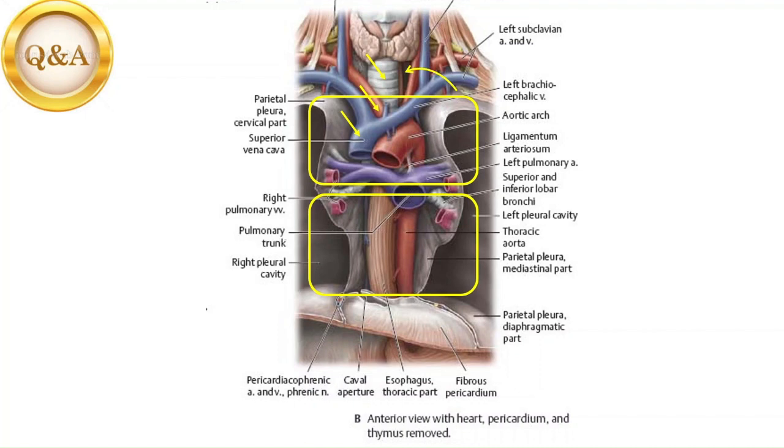Now when you go down, you can see that in the inferior mediastinum, when the heart is taken out, the posterior mediastinum is going to be visible, and you can see that here is the esophagus nearer to the midline, and trachea is not there because it ends up at level of sternal angle, but you can see the thoracic aorta to its left.